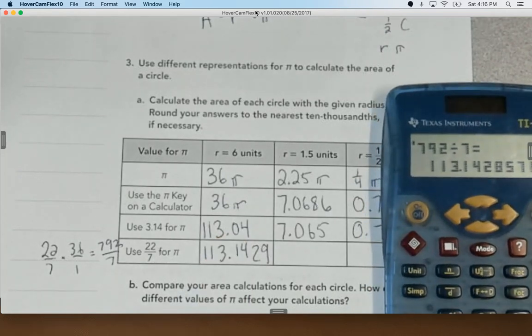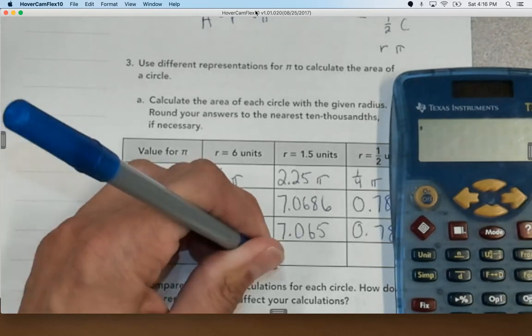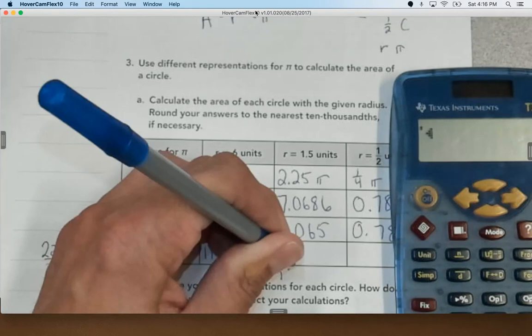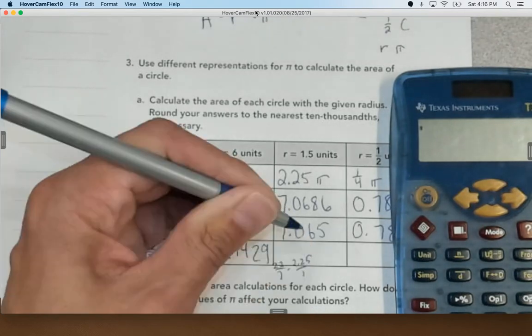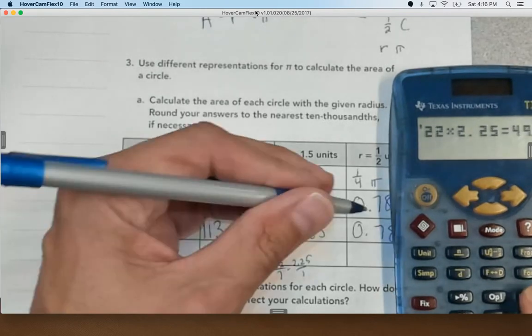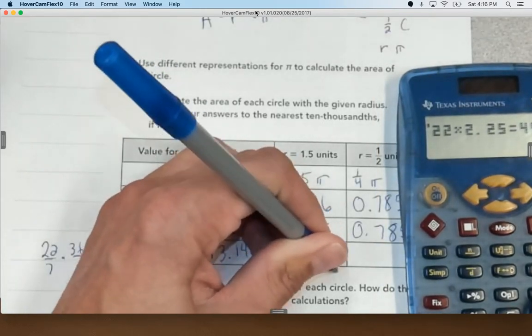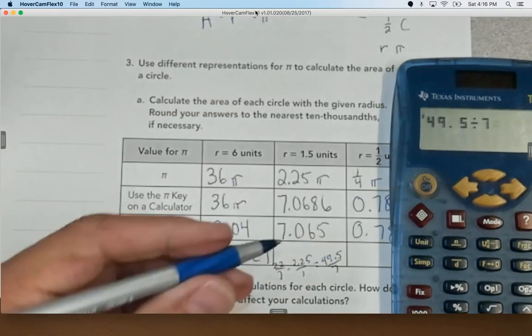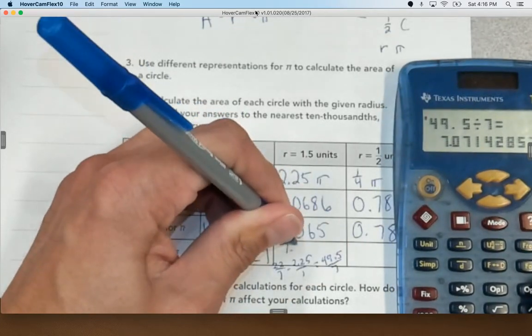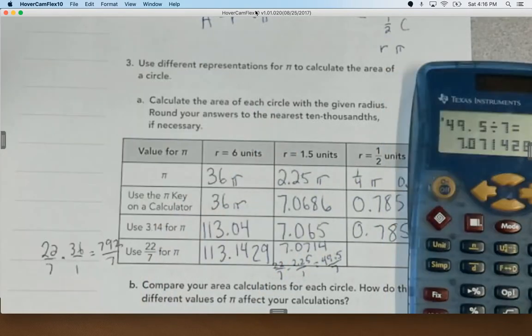Then I do the same thing here. 22 over 7 times 2.25 over 1 gives me 49.5 over 7, which is 7.0714, rounded to the nearest 10,000th.